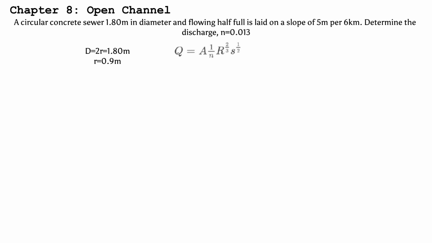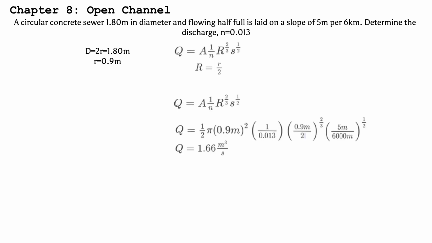And since it's half full, for the semicircular section, we have R equals r over 2. Substitute all values and we have the discharge of 1.66 cubic meters per second.